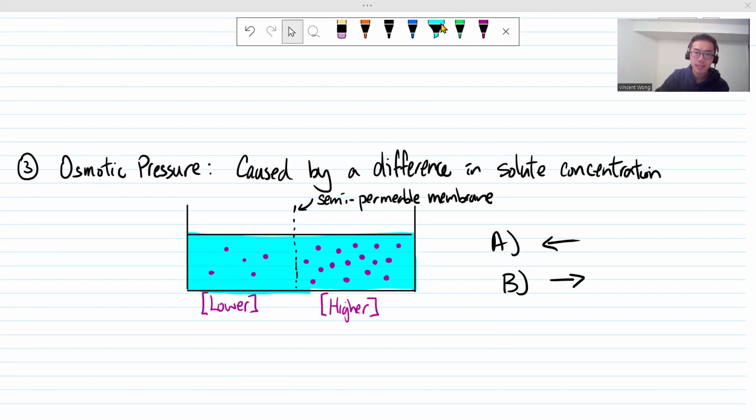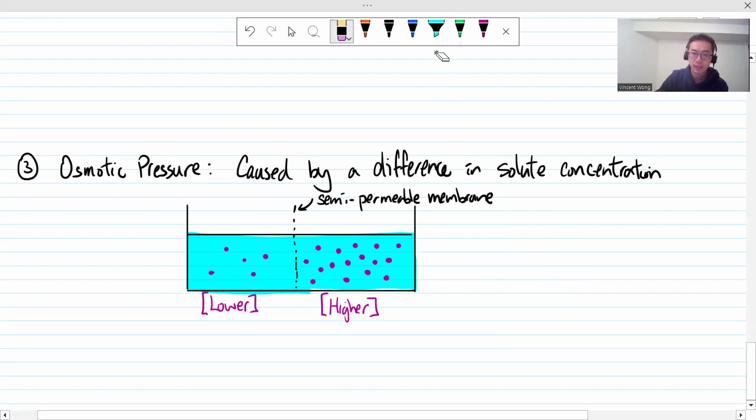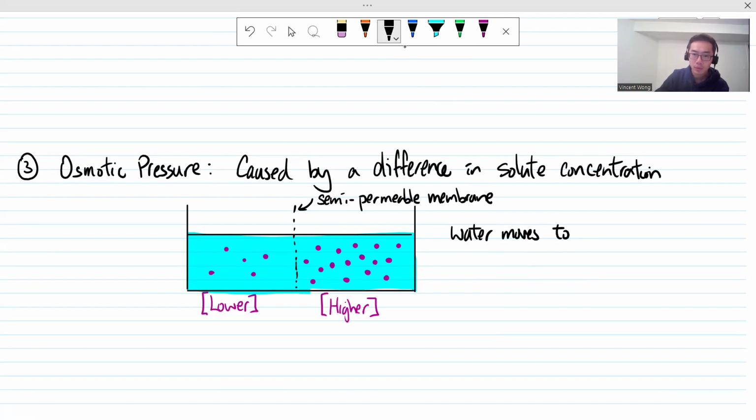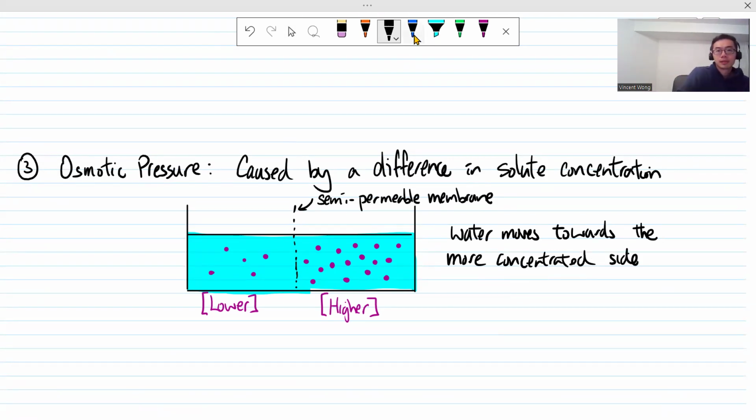Okay, well, the correct answer is water moves towards the more concentrated side. To try to dilute it, right? To balance it out. So in other words, it's going to suck the water towards that side.